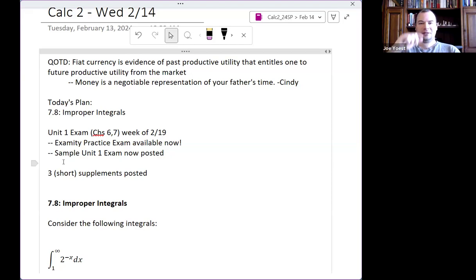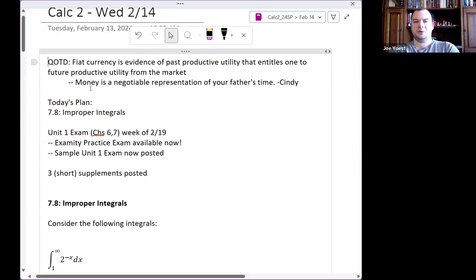You can use a calculator, but your calculator has to only be a calculator. So no phones are allowed to be used on the exam, no tablets or apps as calculators. And the exam will be taken through WebAssign using Examity as the proctoring system. So that gives flexibility for days and times that you can take the exam.